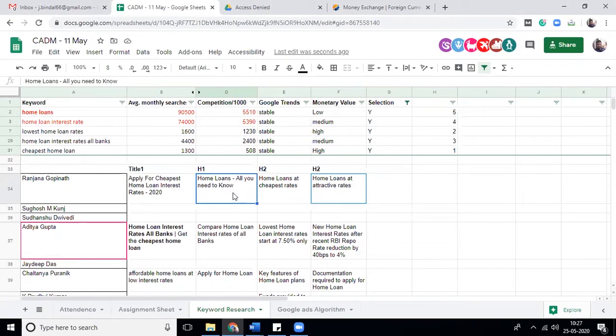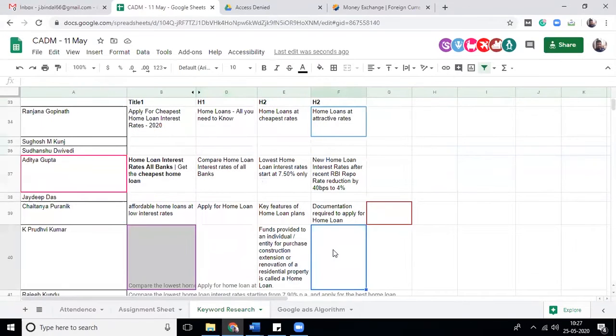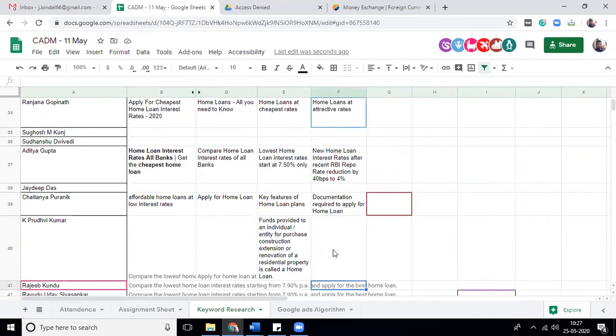Aditya says: compare home loans interest rate of all banks, lowest home loan interest rate starts at 7.50, new home loans interest rate after recent RBI reverse repo rate reduction by 40 basis points to 4. Chaitanya: apply for home loans, key features of home loans plan, documentation required to apply for home loans.